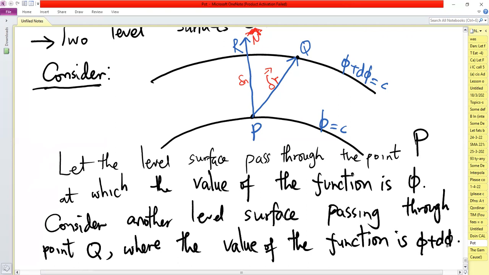So now let R be the position vector of P and let delta R be the position vector of point Q.